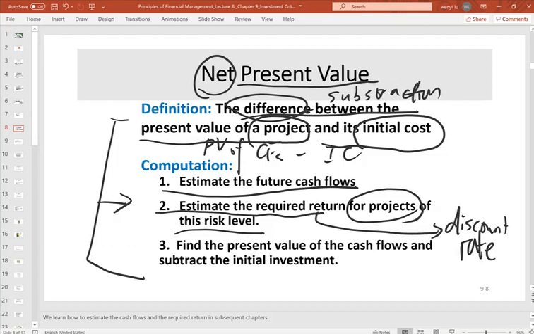Based on this discount rate, you can find the present value of the cash flows. You subtract the initial investment from this present value to get the net present value. We can use an example to show in detail how to compute this net present value.